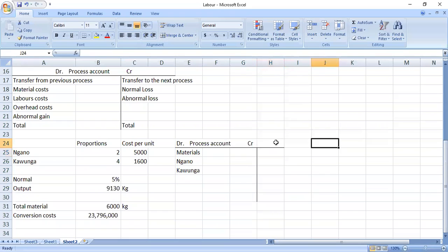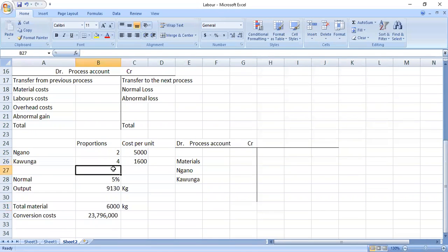So I need a column for the quantities as well, so that we see what is happening. All right. So this is my information. Now we're given some small information: they said clearly that the total materials are 6,000. So our ngano and kaunga must be 6,000 in total, but in the proportion of 2 to 4.